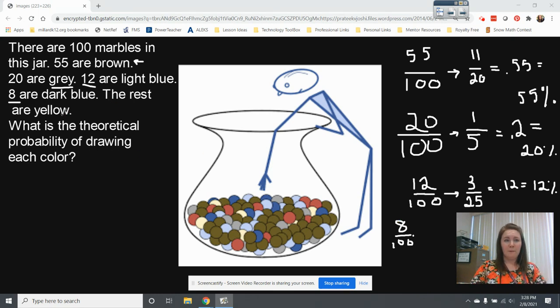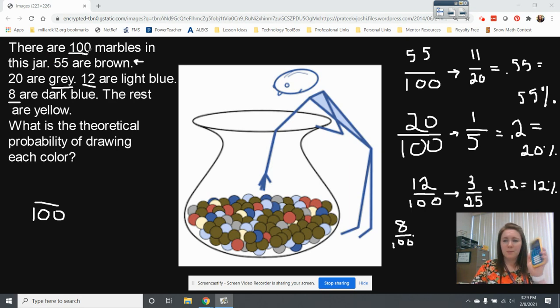The rest are yellow. They don't give us a number. Well, the total is still 100. That has not changed. But we have to do a little bit of math to figure out what is left over. So I'm actually going to do 100 in my calculator, because that's my total, minus each of these other numbers.